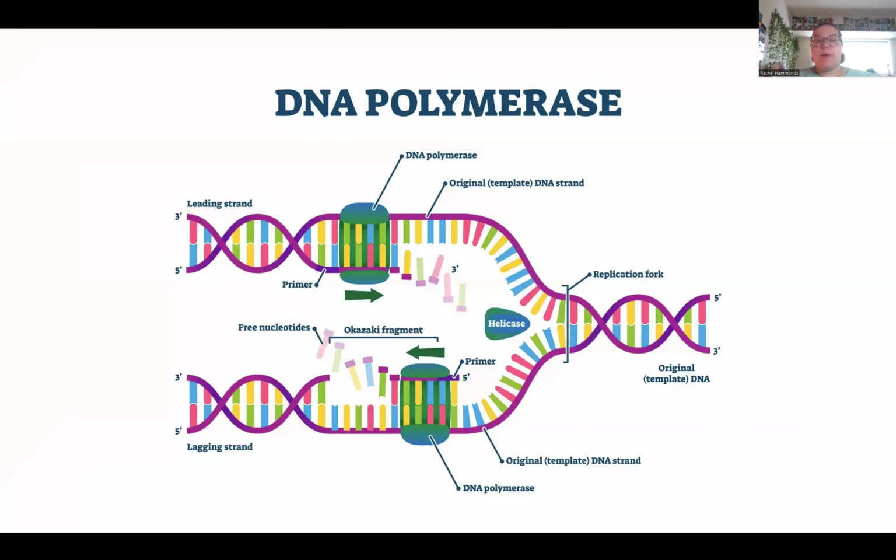So this is a really good picture of how replication works. This is DNA helicase. DNA helicase is unzipping the genes as it goes this way. You can see that it's going on this side, the 5' to the 3' direction. You can see as it's going, it's unzipping. This is the leading strand up here.